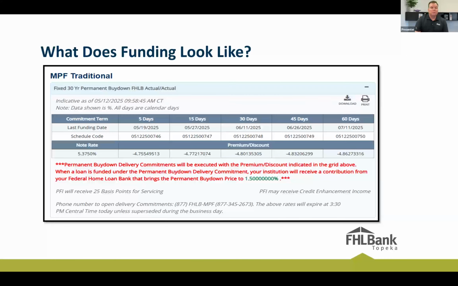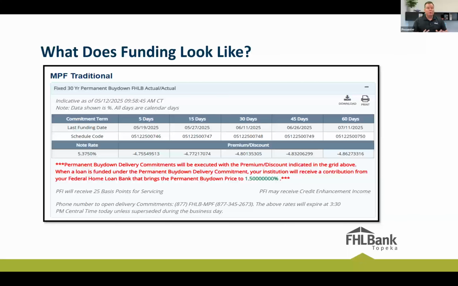The grid above, we will reimburse you for those, and then we will guarantee you that we'll pay you 1.5% on the back end for this loan. So it will show you the discount. And then once the loan is funded, you will then be reimbursed for that discount plus receive that 1.5% premium.